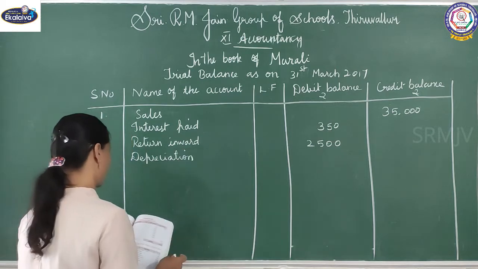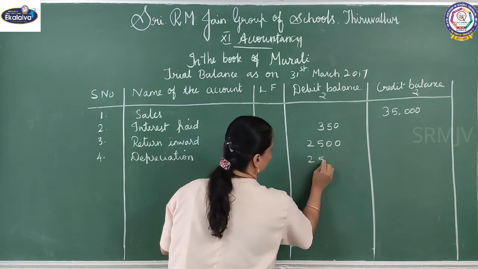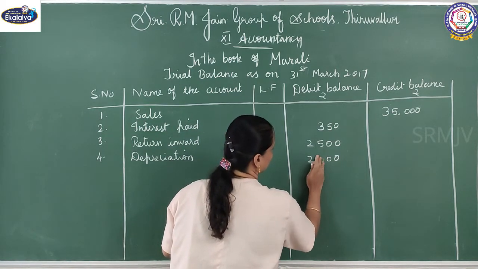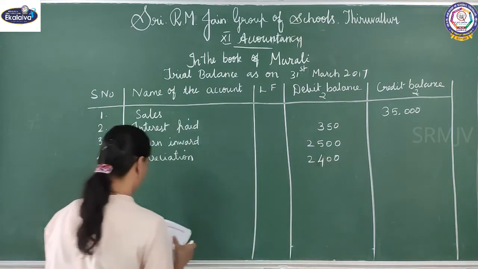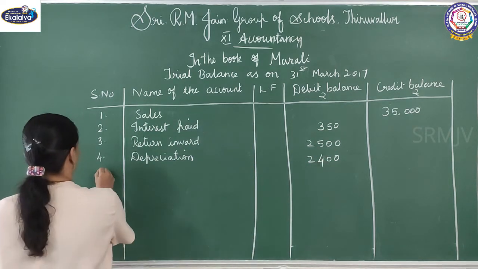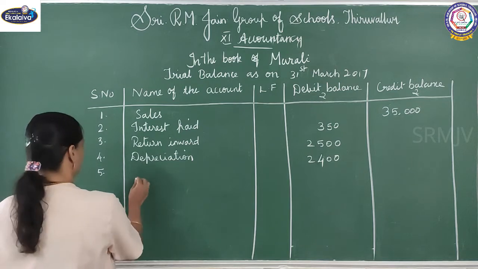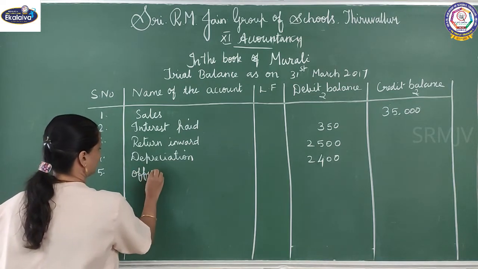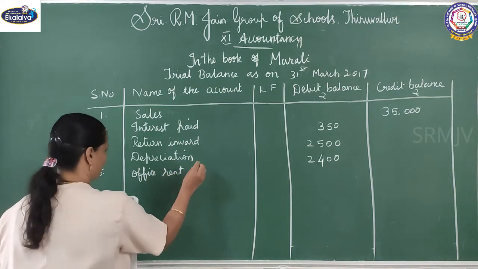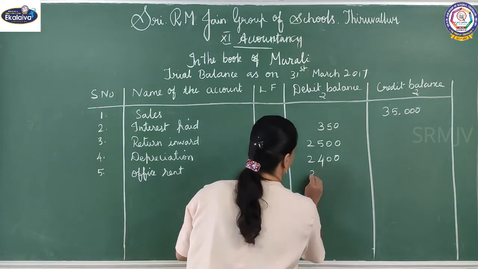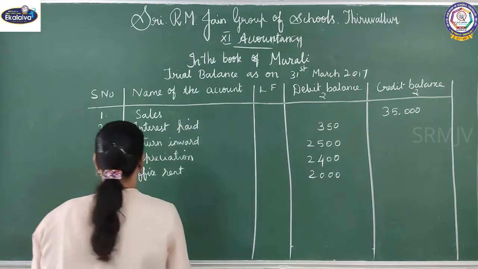Depreciation is also an expense. So that's why I am writing in the debit side. Okay. Office rent is also an expense. So I am writing in the debit side.